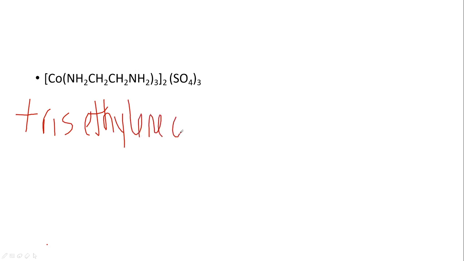So let's continue. I said the name of the ligand goes first when there's no metal present. Now the ligand, like I said before, the name is going to be tris. That's the answer to that question. Not going to be tri. So now we have tris ethylenediamine.